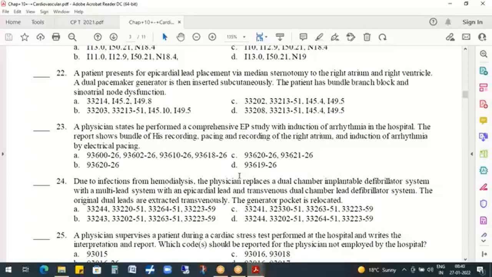Clearly, a rule is there or not there? Everyone, try to see the rule under the 33203 code description. Mark that rule. Is that clear now? First, identify the machine, then identify how many chambers, then identify how the leads are placed. You will get the maximum answer.